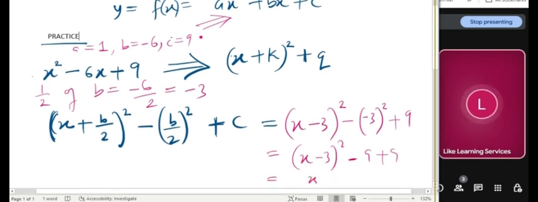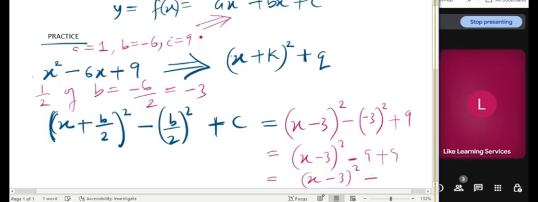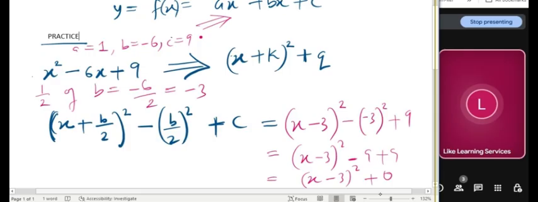So this is x minus 3 all squared plus 0. That's the way it is. So that's just a simple rule when you want to complete the square.